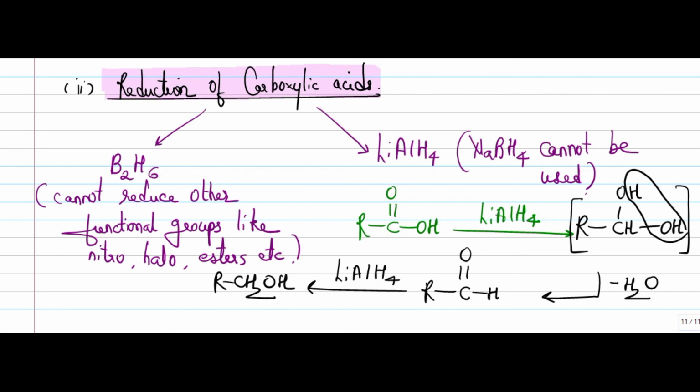Overall, you find that this bond is getting broken. One hydrogen here forms water, which is separated here, and this part becomes RC double bond O and H, which further gets reduced to RCH2OH. Clear? So basically a primary alcohol is formed here, right? This is how carboxylic acids are reduced. You may take up one more example for reduction of carboxylic acid.